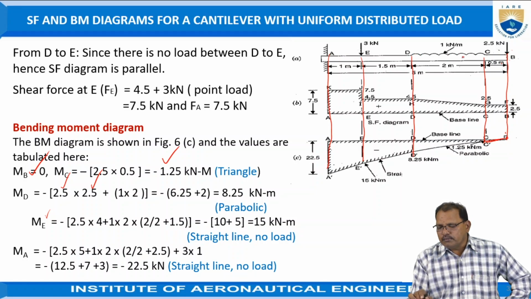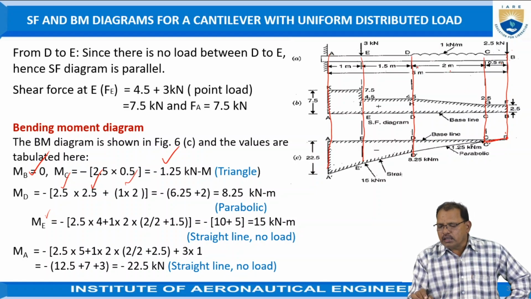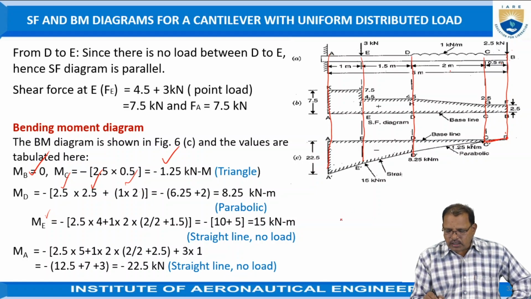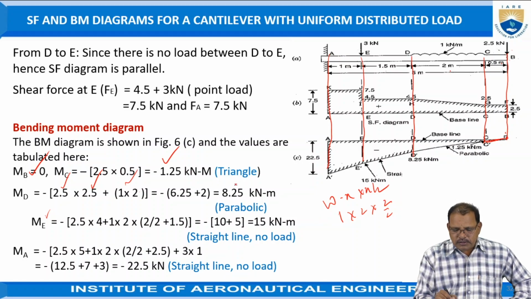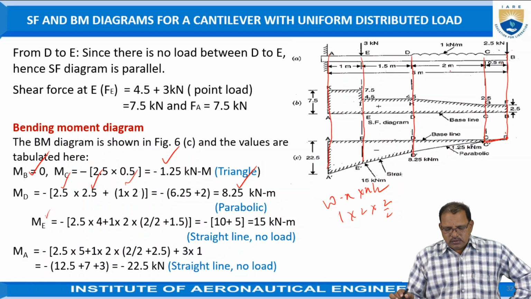The total uniformly distributed load is equal to 1 into 2, acting at a distance of 2 by 2, so W into x by 2. From this relation we got 8.25 kilonewton meter.